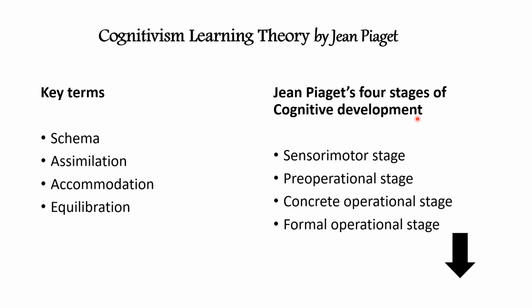And these are also the four stages developed by Jean Piaget: the sensorimotor stage, preoperational stage, concrete operational stage, and formal operational stage. So Jean Piaget developed these four cognitive stages, and we are going to discuss them one after the other. So let's set the ball rolling.